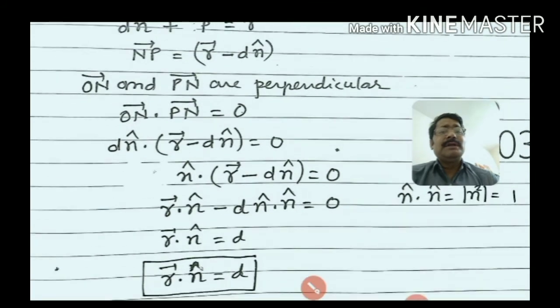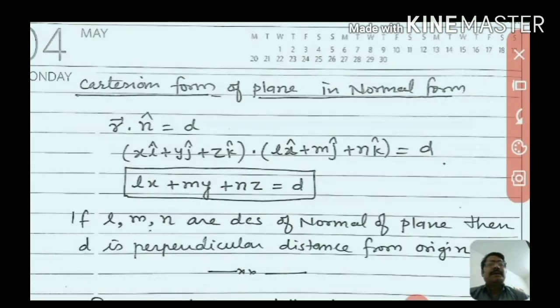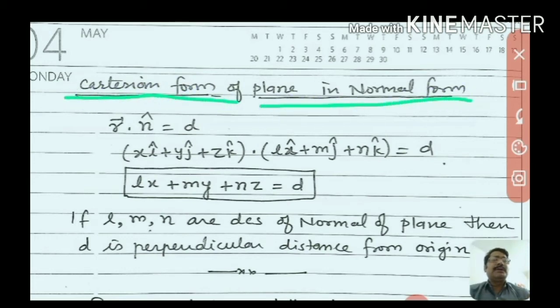Look here, this will be very important. This is the equation of the plane in the normal form, the plane in vector form. Now we have to find the Cartesian form of the plane in the normal form. r vector dot n cap equal to d. This is the vector format, and r is the general vector, we have x i cap plus y j cap plus z k cap, and n cap is a unit vector that we can write as l i cap plus m j cap plus n k cap, equal to d.